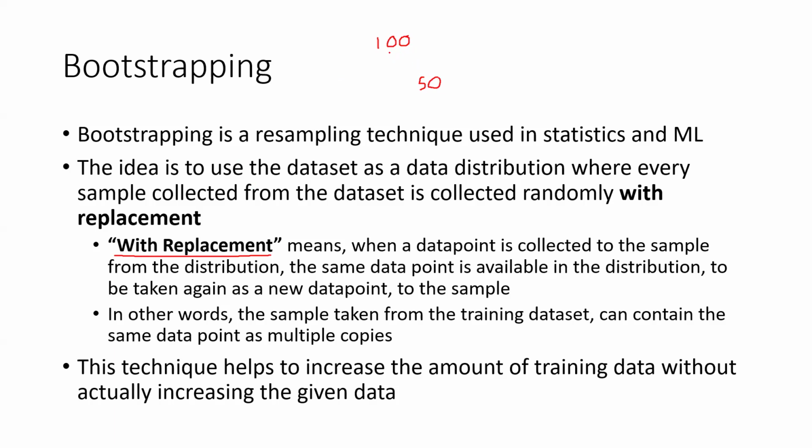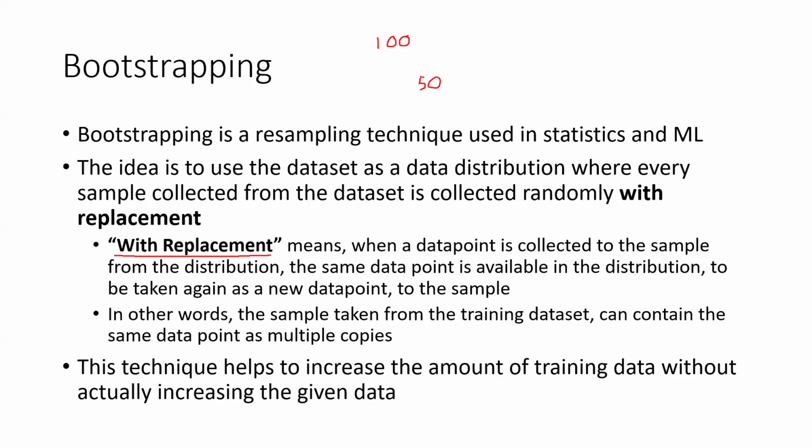Once you get a sample data point, you take it into the new data set, and then you put that value back into the original data set, and then you sample again for the second data point, and put that value back, and sample again, and so on.